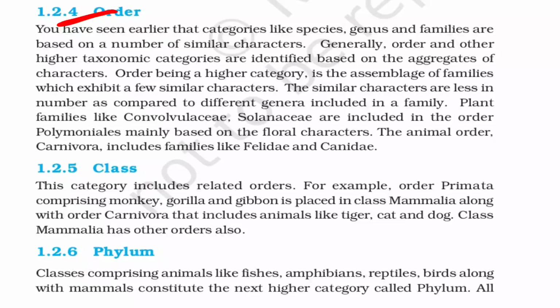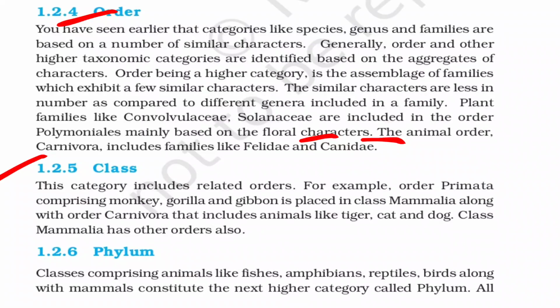The similar characters are fewer as compared to different genera included in a family. Plant families like Convolvulaceae and Solanaceae are included in the order Polymoniales, mainly based on the floral character. The animal order Carnivora includes families like Felidae and Canidae.